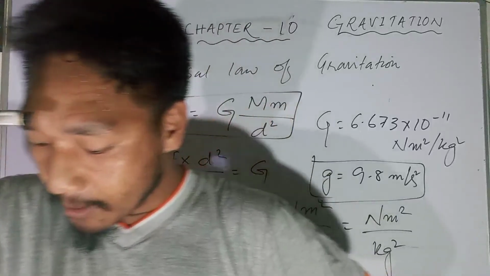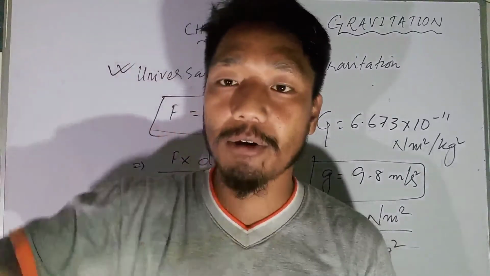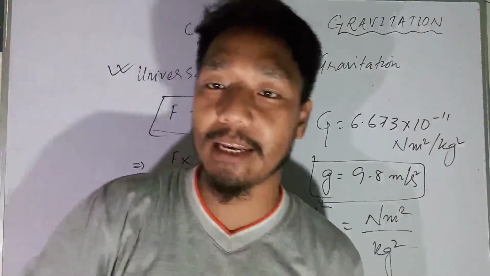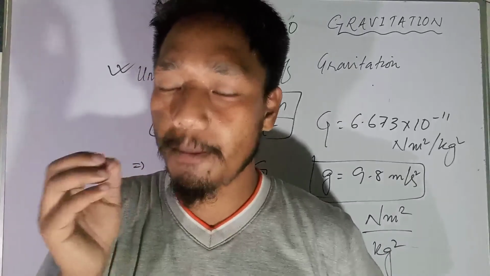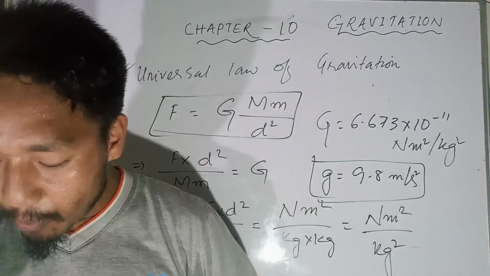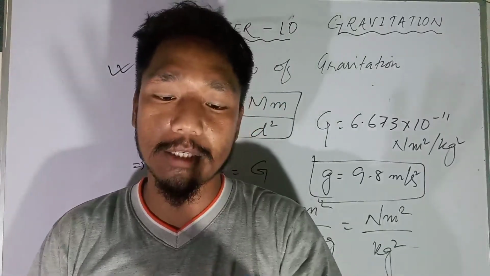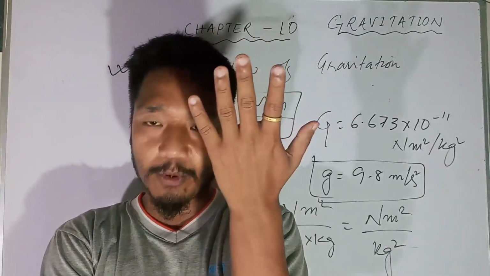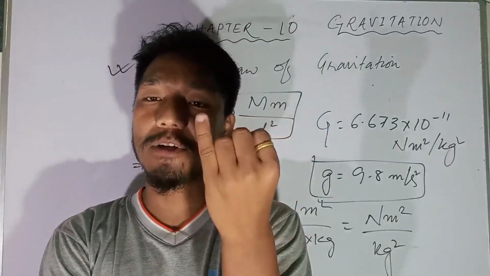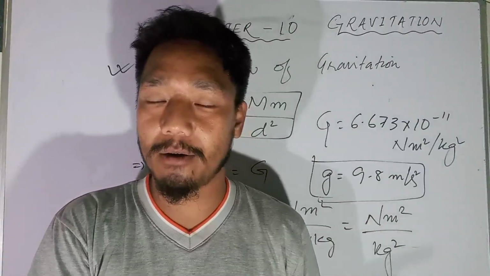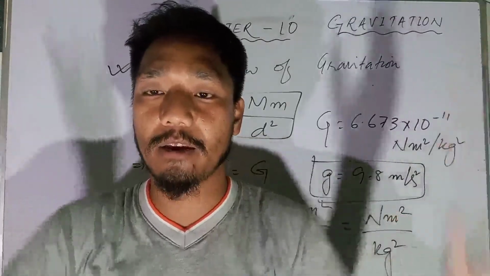And next is the tide due to the moon and the sun. Nowadays we are producing a lot of tidal energy. The tide is due to the gravitation between the moon and the earth. So what do we understand? There are four different points. The first point is that due to gravitation, we are bound to the earth. If gravitation is not present, we would be flying here and there, right?